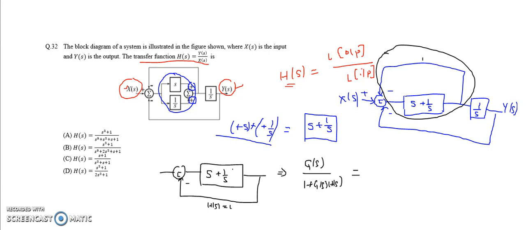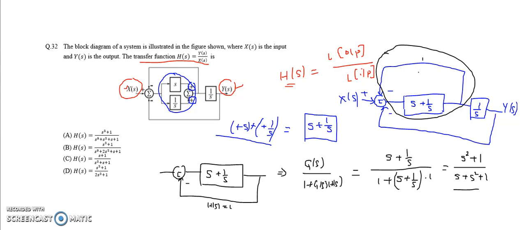So here in place of G(s) I have s + 1/s, divided by 1 plus s + 1/s, into 1, since H(s) is 1. If I simplify this expression, it is (s^2 + 1) divided by (s + s^2 + 1).